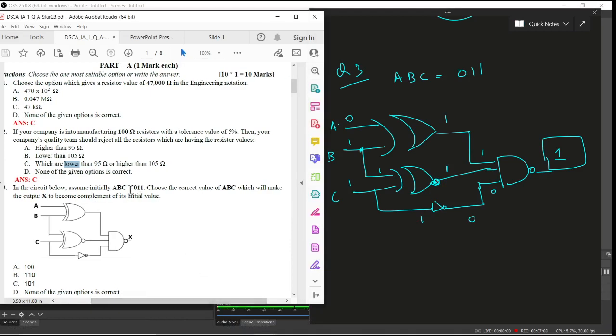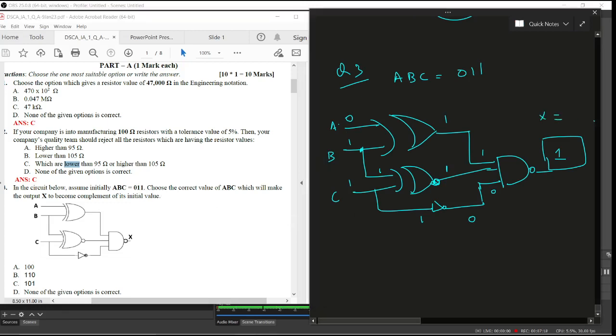In the circuit below, initial value was ABC 0, 1, 1. Choose the correct value of ABC, which will make the output X. Now X is equal to 1 for ABC of 0, 1, 1, right? Now choose the correct option, which will make the output X become the complement of its initial value.